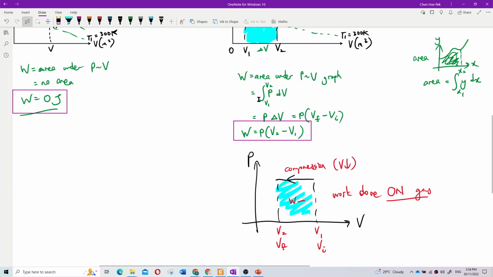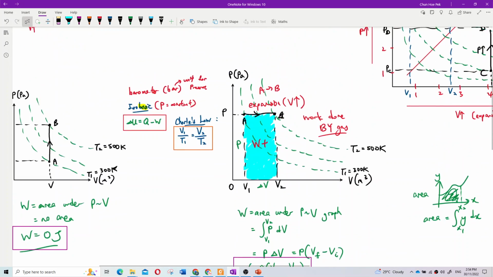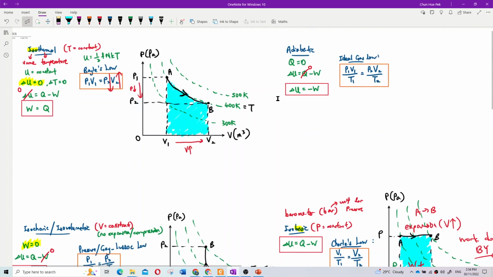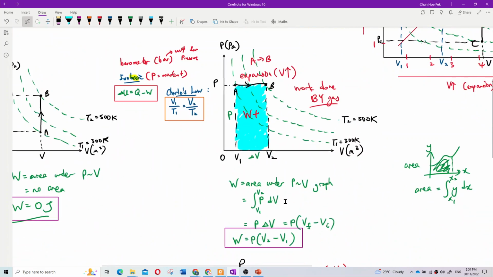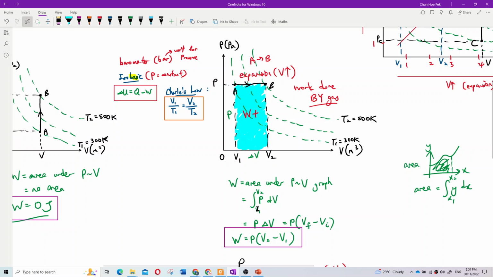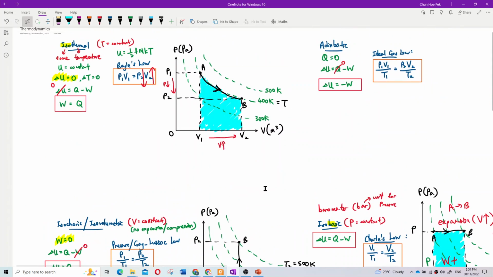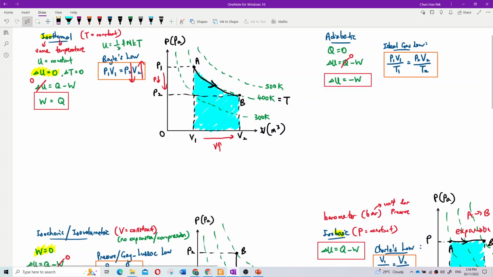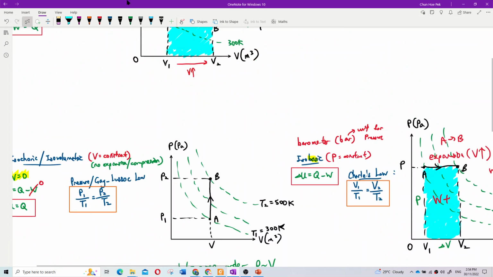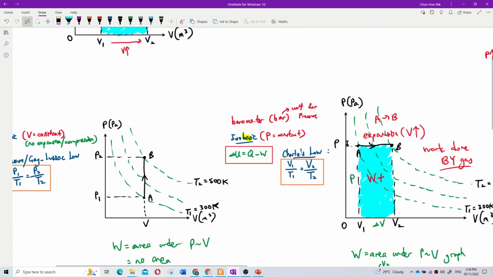Do you like integrating? Most of you don't like to integrate, I understand. So we have a formula for you. We already used integration to derive a formula for you. You just use the formula only. For the isothermal process, after we integrate, we got a formula.